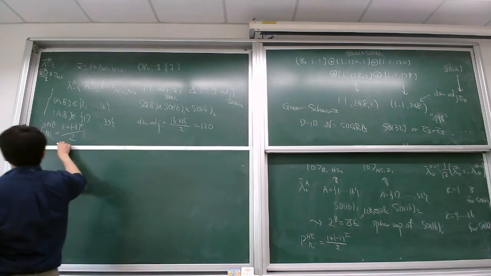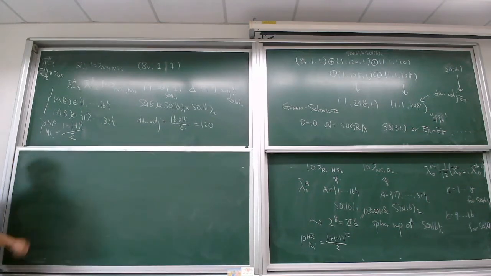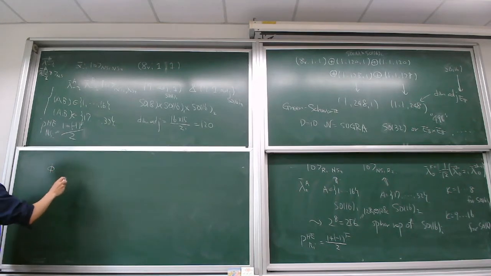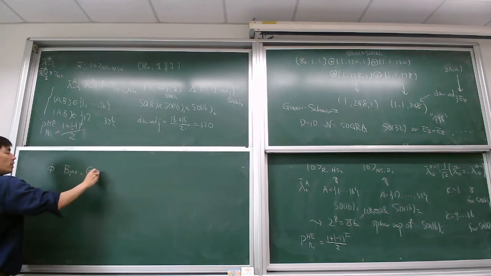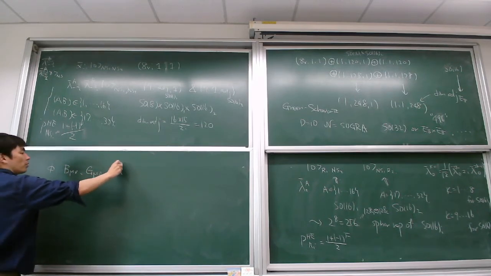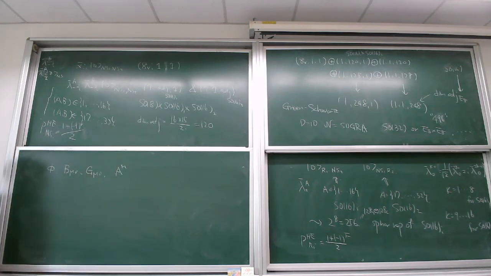So for the heterotic string, I'm already super tired, the spectrum is a bosonic spectrum: phi, B mu nu, G mu nu, and a gauge field A mu. This is a bosonic spectrum, and it's super bosonic.